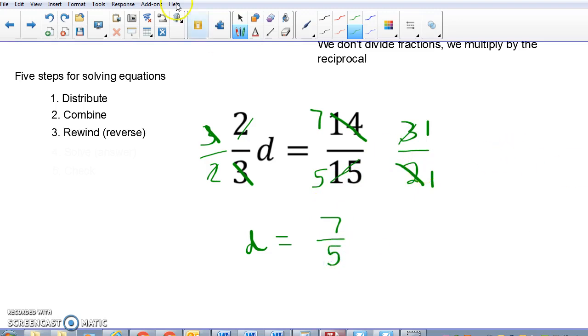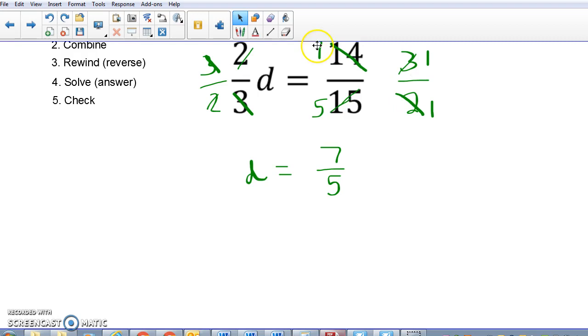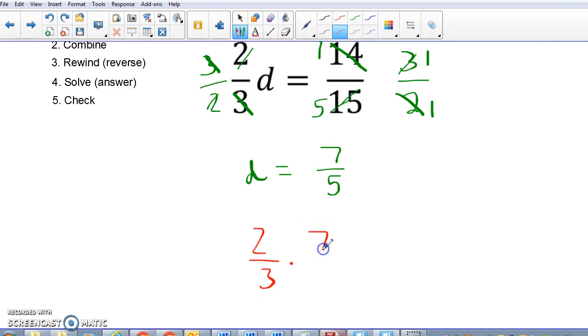Alright. Now it's time to check. Let's see if my answer is right. I'm going to plug in 7 fifths where I see a D. So 2/3 times 7 fifths. I'm trying to see if that equals 14 15ths.